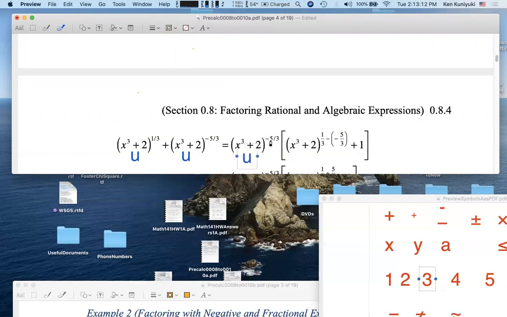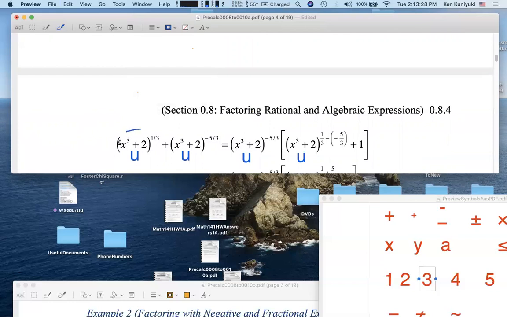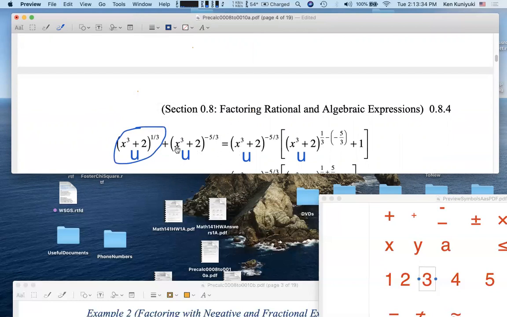All right. When we factor, we do a D word. We divide. When we divide powers of u, what do we do with the exponents? We subtract them. So we start off here with u to the 1/3. I'm factoring out u to the negative 5/3, so I'm dividing this by u to the negative 5/3.